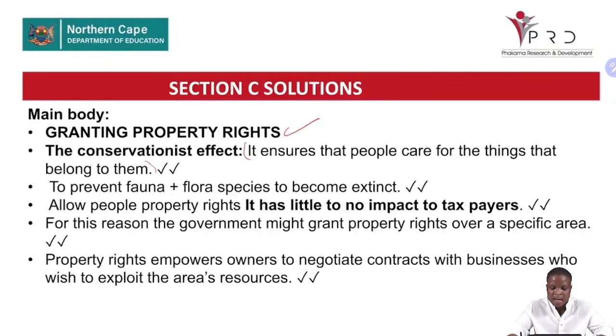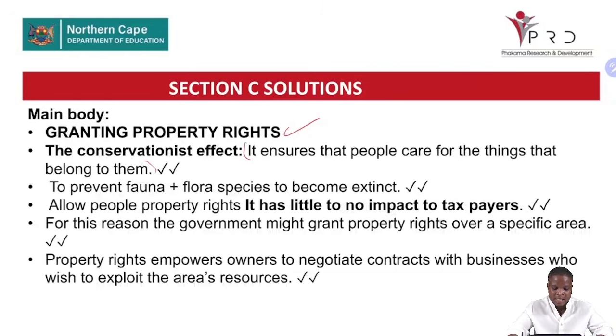For this reason, the government might grant property rights over a specific area. Property rights empower owners to negotiate contracts with businesses who wish to exploit the area's resources. Right, so these are some pointers that you may have under granting property rights.